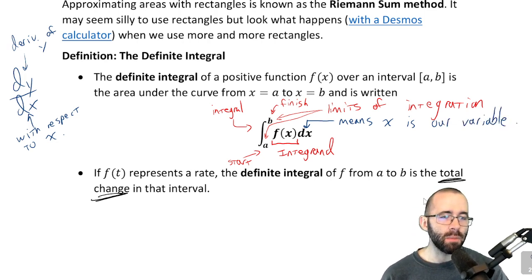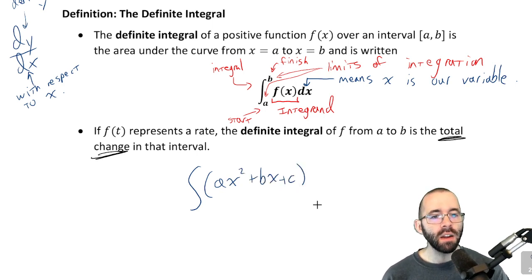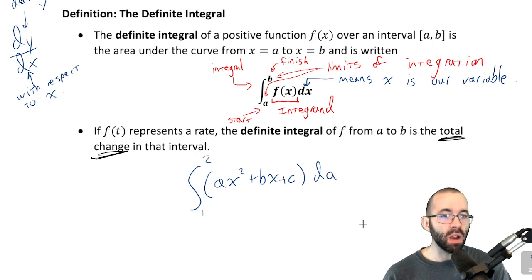And you might say that's not important, but it really is. Because what if we try to take the integral of a quadratic, any quadratic, from like 1 to 2 or something? Well, this integral is going to be very different from this integral. A could be our variable, B could be our variable, C could be our variable, x could be our variable.